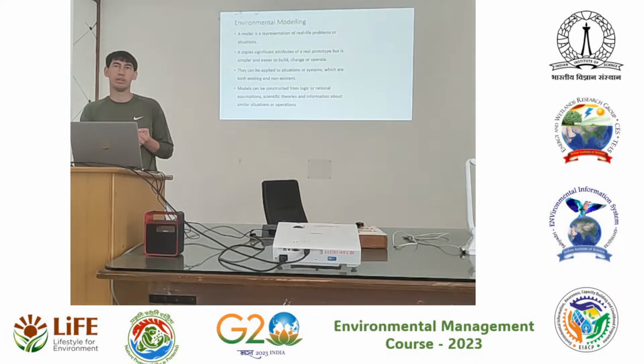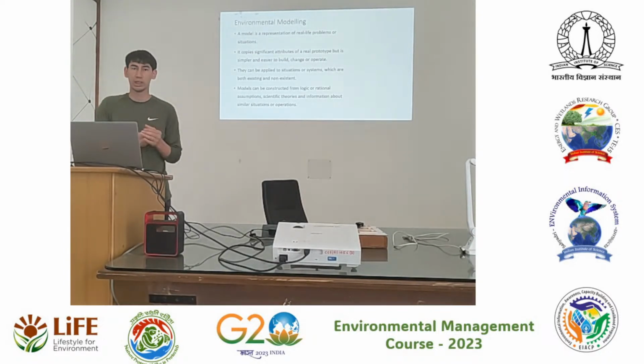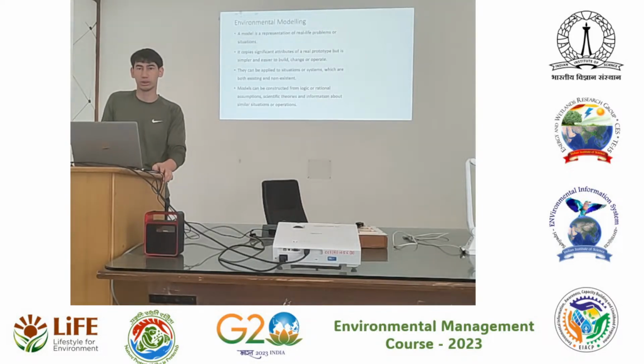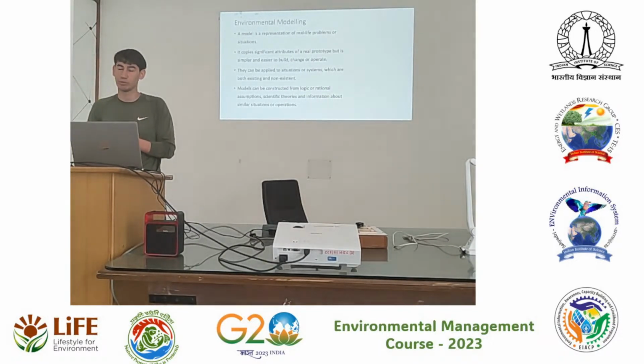Suppose in a power plant, we want to see what change in output results if we change something in the input. Changing the actual power plant would be too costly. So we build a model for that, change the inputs in the model, and see the outcomes of the model.